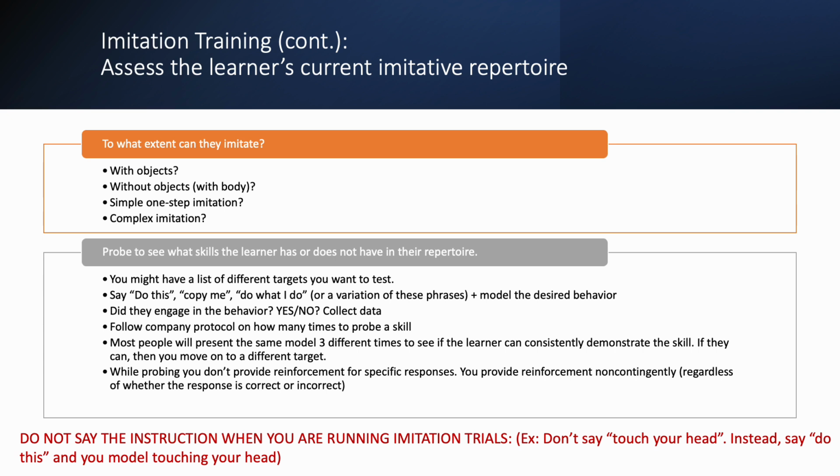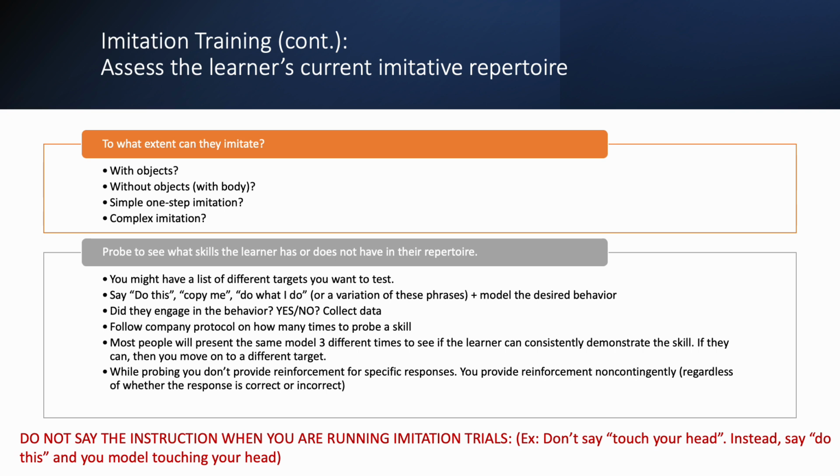There are a lot of different assessments available, but you're going to want to assess whether the individual is able to imitate with objects. Are they able to imitate without objects? To what extent can they imitate with objects, right? To what extent can they imitate with their body? You basically want to get a sense for what they can and cannot do in terms of the types of imitation that they can engage in.